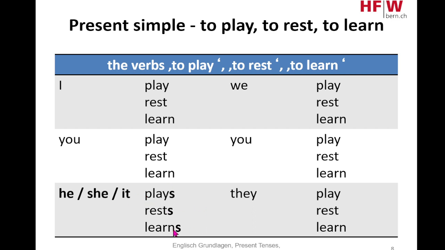So we need to add s, only for he, she, it. Okay. And they play, they race, they learn. This is the same as the others. So finally, only he, she, it is strange compared with other subjects, because we need to add s, or sometimes es. It depends on how the verb ends. Okay.